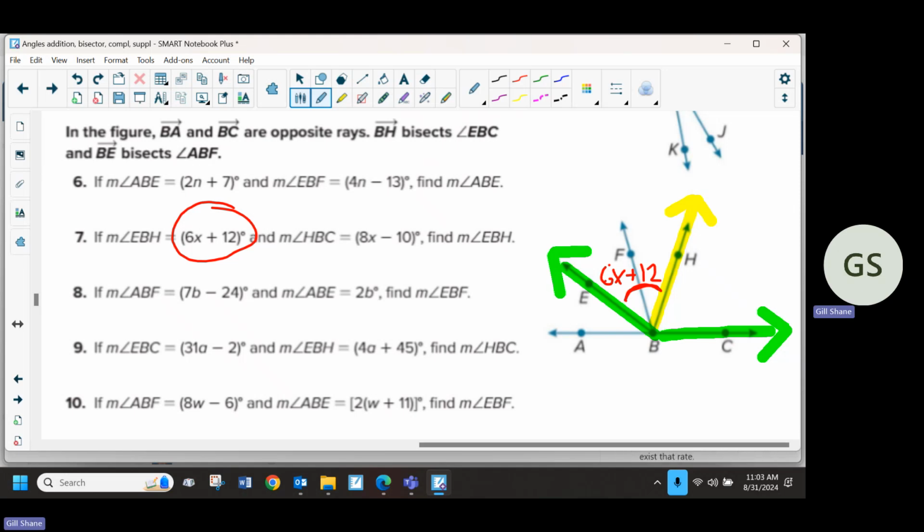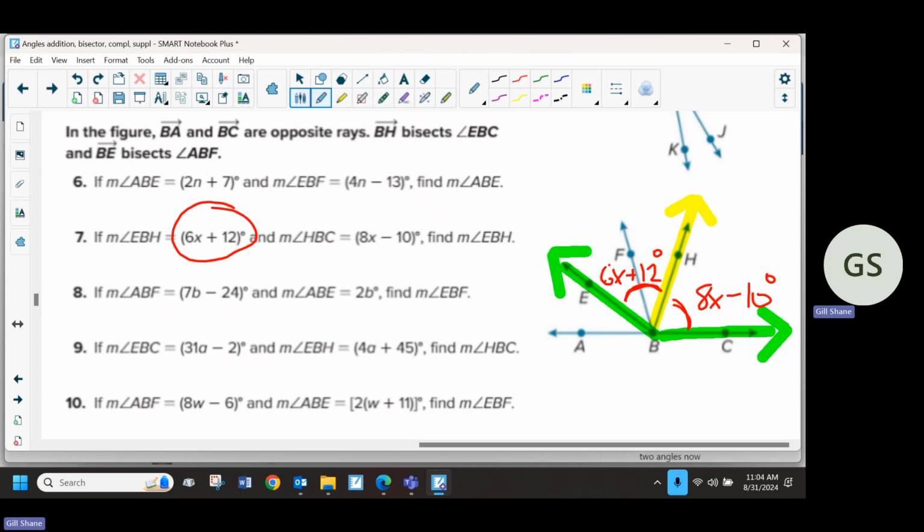I hate it when they try to save room by cramming all that into one picture. Then it says HBC. So again, HBC is a little easier. There's nothing in between it. So that one is 8x subtract 10. Oh, I should put a degree symbol. So that's the measure of those two angles.